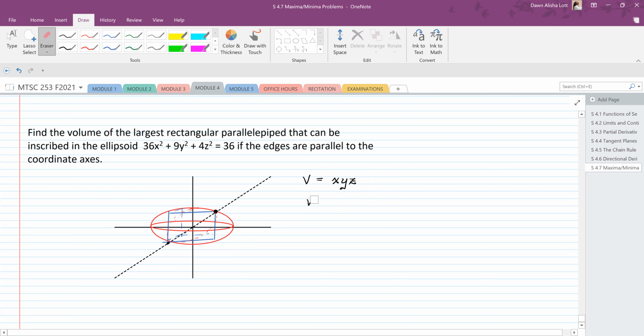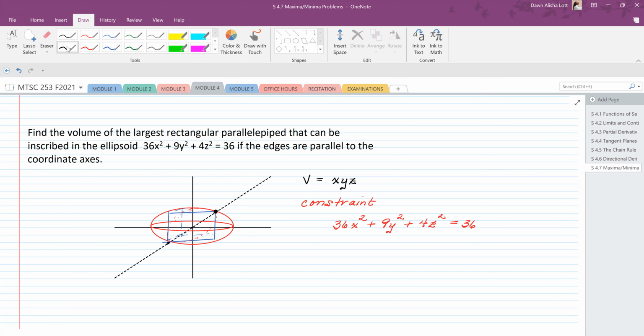So the constraint is that at the corner edge, 36x squared plus 9y squared plus 4z squared is 36.